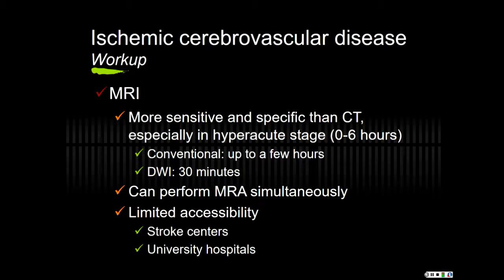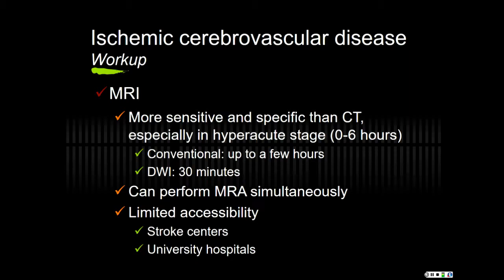Now, MRI, as we talked about, is more sensitive and specific. Diffusion-weighted imaging can pick up ischemia that's occurring within 30 minutes. So by the time the patient's at the hospital, we're going to see it. Limited accessibility, typically at stroke centers and university hospitals, in the old days.